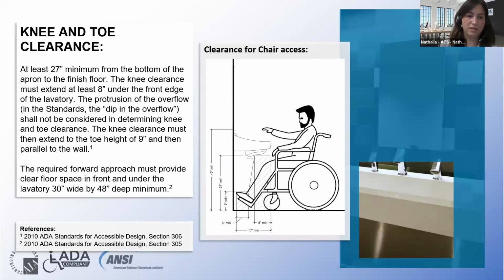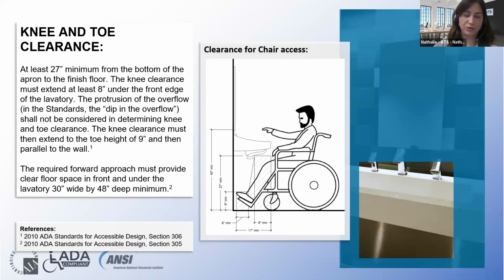Continuing on the ADA, the knee and toe clearance. There must be at least 27 inches minimum from the bottom of the apron to the finished floor. The knee clearance must extend at least 8 inches under the front edge of the lavatory or the countertop.